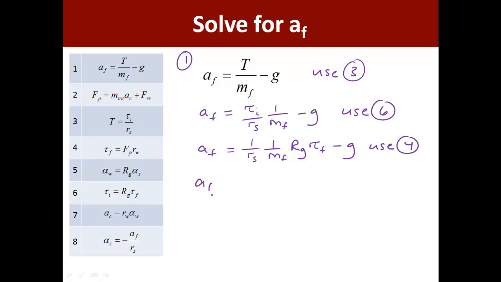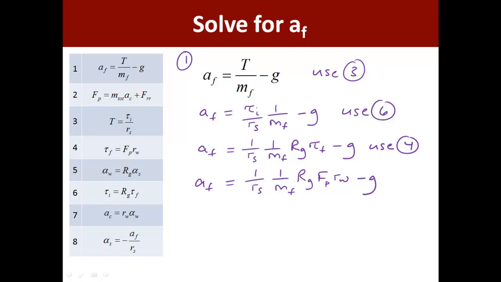So A sub f is equal to 1 over r sub s, 1 over m sub f, r sub g, and substituting in for tau sub f, we put in fp rw, and then again our minus g.